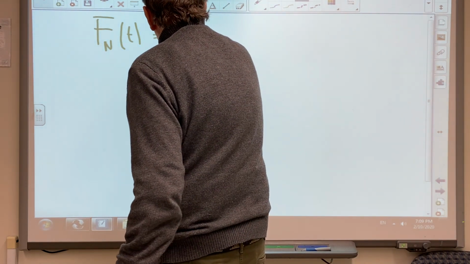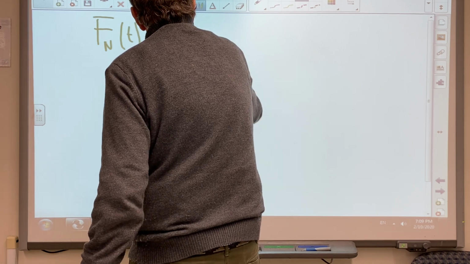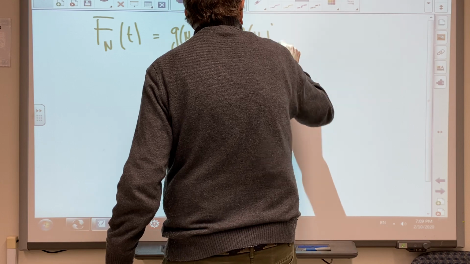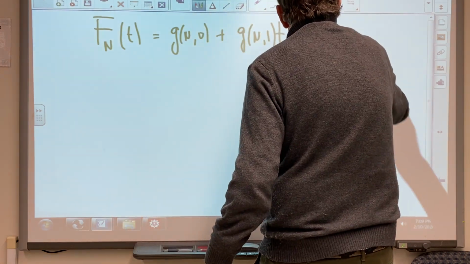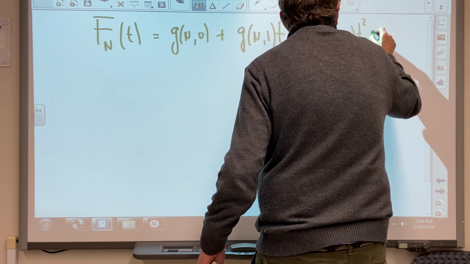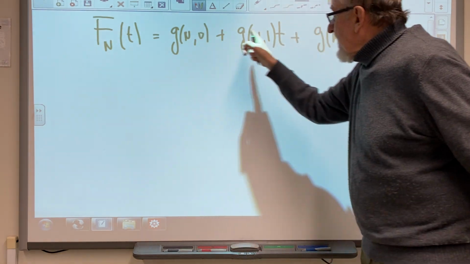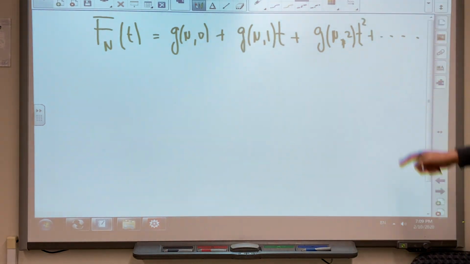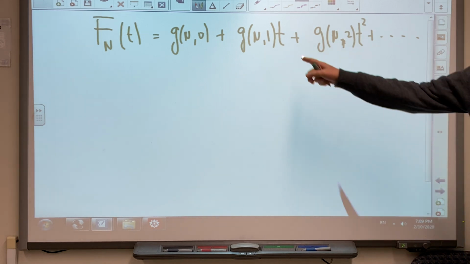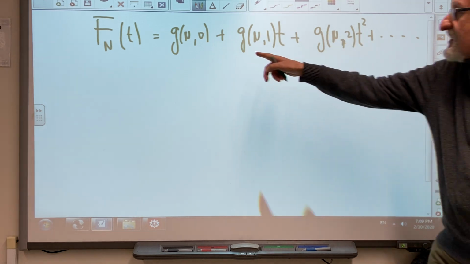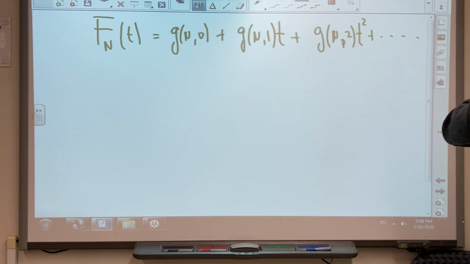I find this, plus g of n, comma 2, t squared. What I'm trying to find are these numbers, remember, the g of capital N, little n. But I write a sort of infinite polynomial, if you want, in the variable t, because this is a function of t. These are numbers, okay? These are the numbers I would like to know.